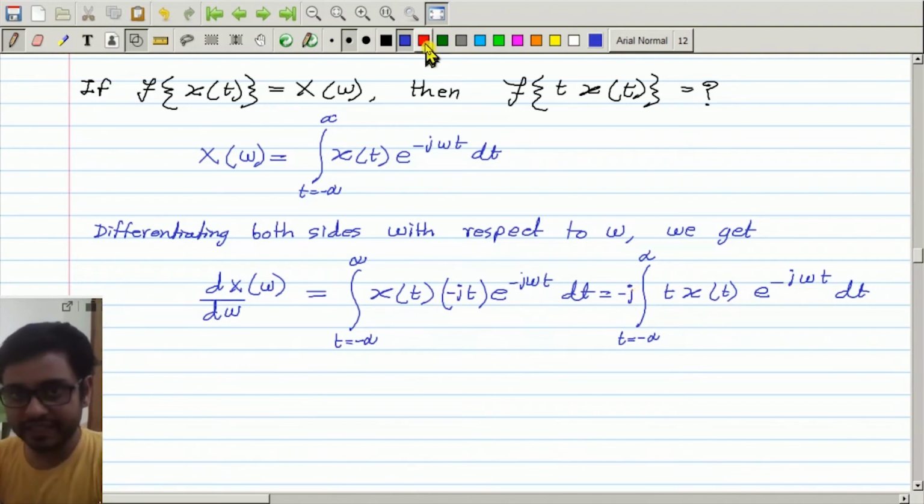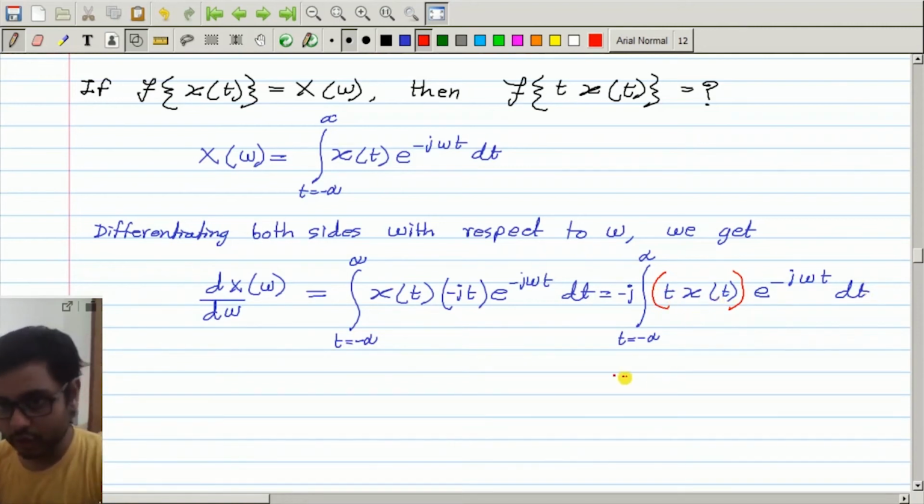Now you notice that if I just put a bracket across t and x(t), then this integration looks like the Fourier transform of t x(t). So the right side is minus j times a constant, and then the Fourier transform of t x(t).